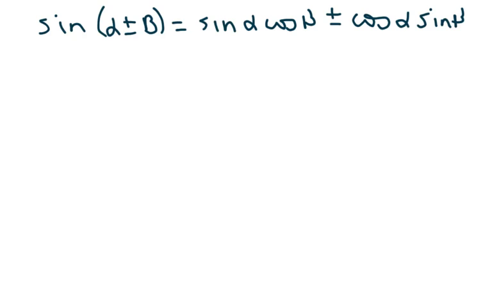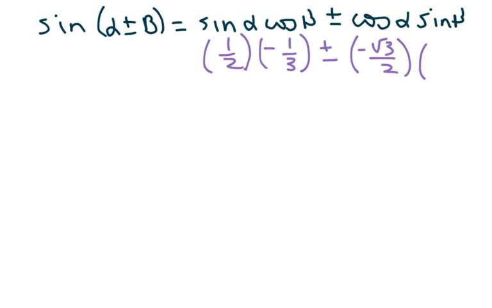Now we're just going to plug these in. I'm going to use a different color, purple. So sine of alpha was 1/2. Cosine of beta is negative 1/3. Plus or minus cosine of alpha, which is negative root 3 over 2, and sine of beta is 2 root 2 over 3.